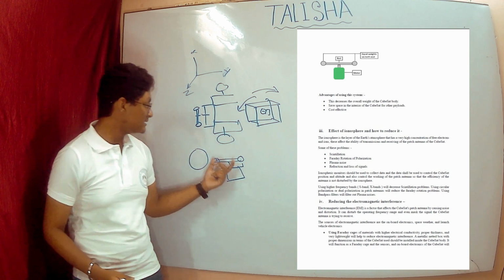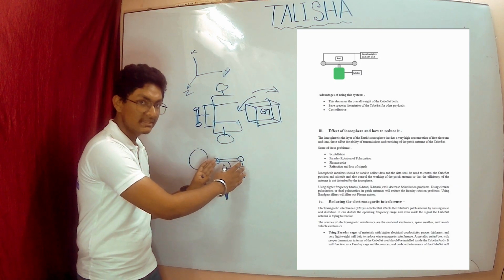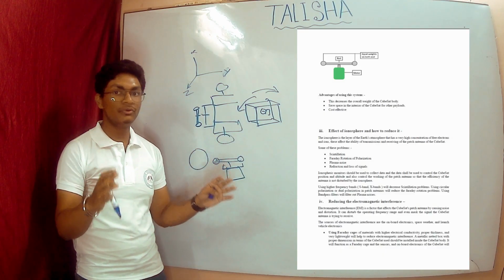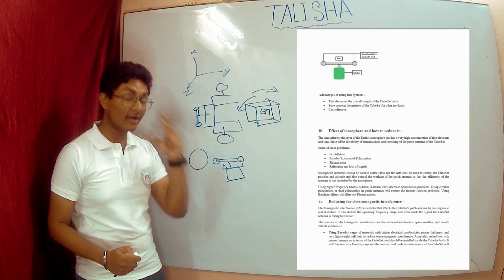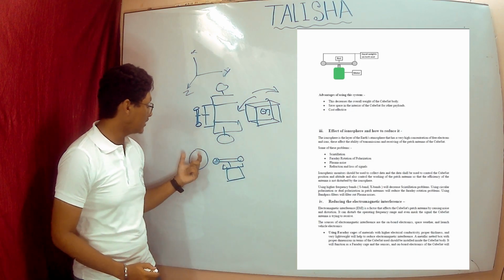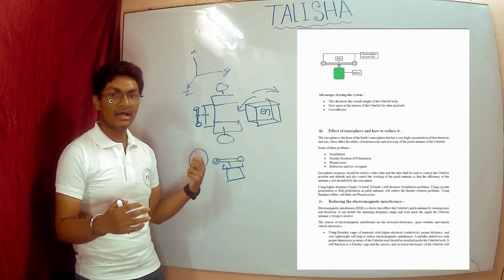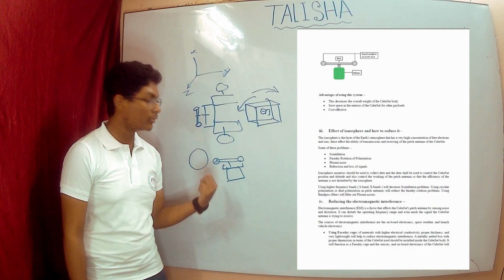Or basically we can say that if its mass is less than this one, then, because the angular momentum is directly proportional to the mass, the angular momentum will be less. So here the mass is less, the angular momentum is less.